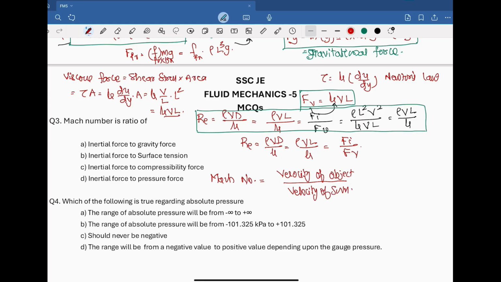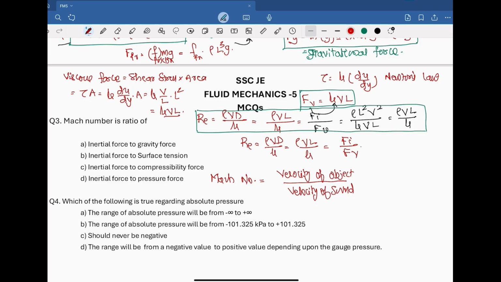Velocity of sound we know is 330 meters per second. We see that aircrafts are moving at high speeds. The speed of the aircraft divided by velocity of sound gives the Mach number. Spacecrafts are also moving at very high speed.